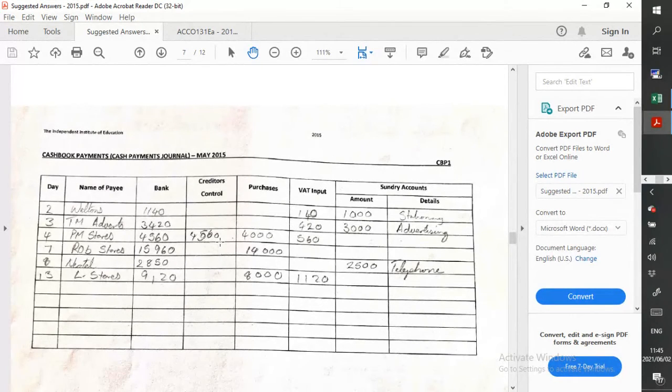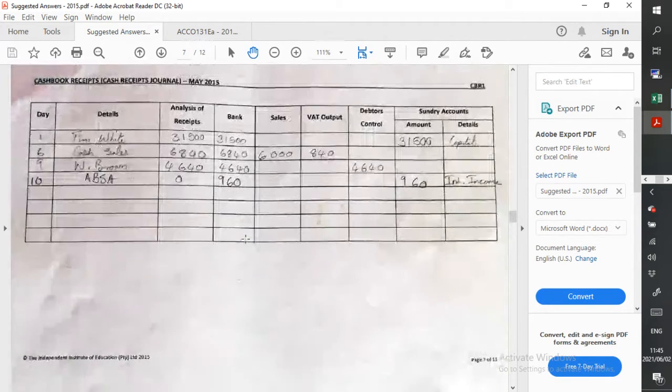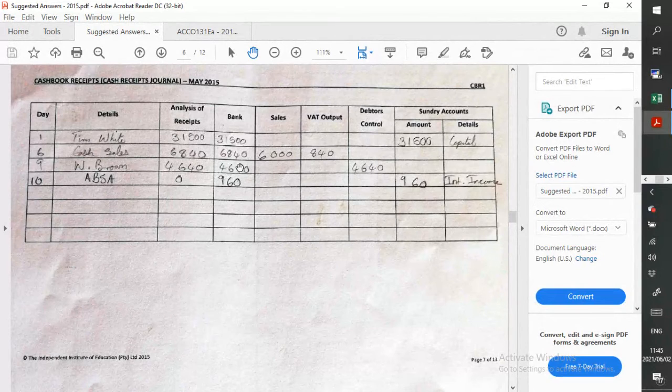And here this is the second error. We weren't supposed to record this in purchases. So the teacher there made a mistake. We weren't supposed to record this in purchases. Much like, can you see here in sales, we didn't record sales here. We just said debtors control, and we said bank and analysis of receipts.